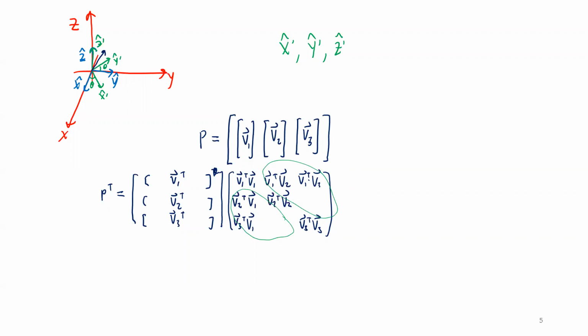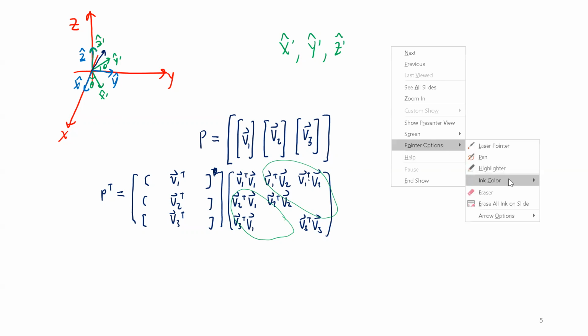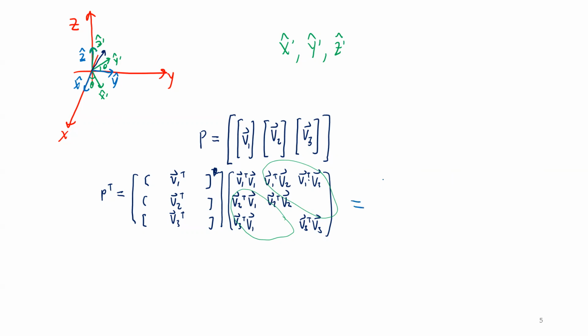So that means if they are indeed an orthonormal set, then this matrix at the end will give you just an identity matrix. So to summarize, if I give you a set of vectors, and you want to test whether they form an orthonormal set, just construct this matrix P using all the vectors, and then compute P transpose P to see whether it's an identity matrix or not.